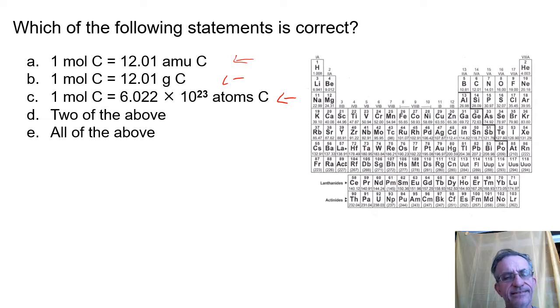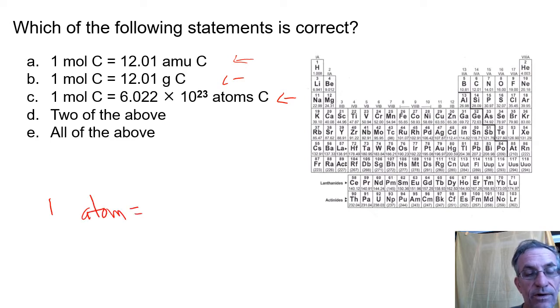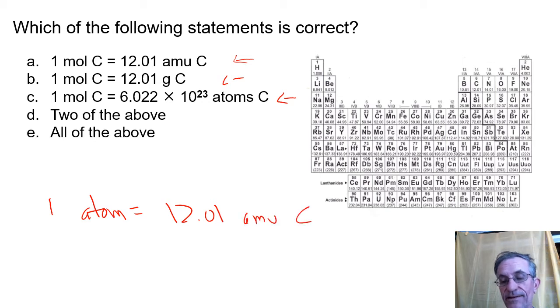Well, let's go down the list. 1 mole of carbon is 12 AMU. That is not correct. 1 atom of carbon weighs 12 AMU. A ginormous number of carbon atoms together, we call that ginormous number a mole.